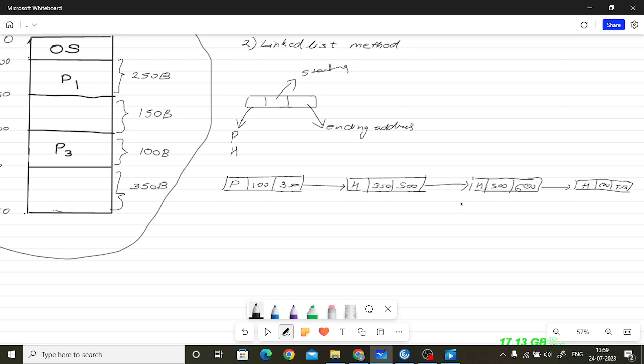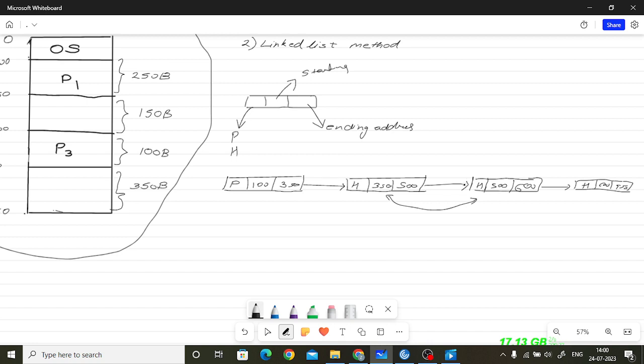So by storing this in the increasing order of starting address, we get an advantage to merge these two. If we store in increasing order of the starting address, then it will be helpful in merging the two holes.